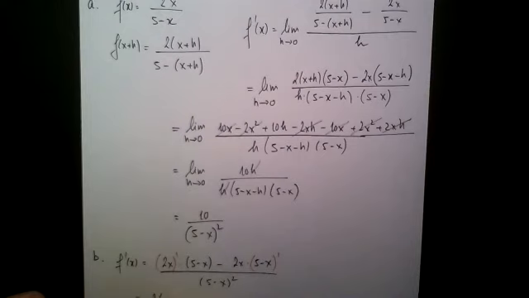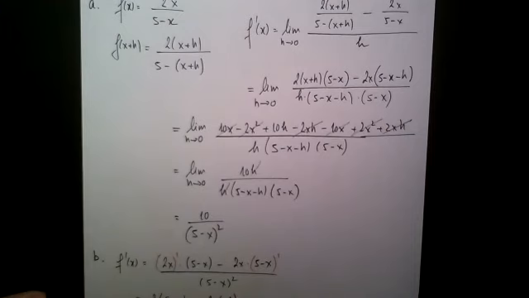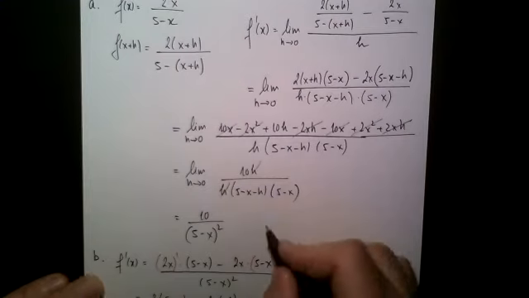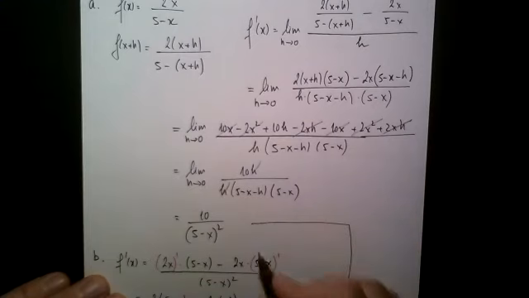And so that is 2 times (5 minus x) minus 2x times minus 1, over (5 minus x) squared. And so on top I have 10 minus 2x plus 2x, which is just 10, over (5 minus x) squared. And so I just verified that it works.